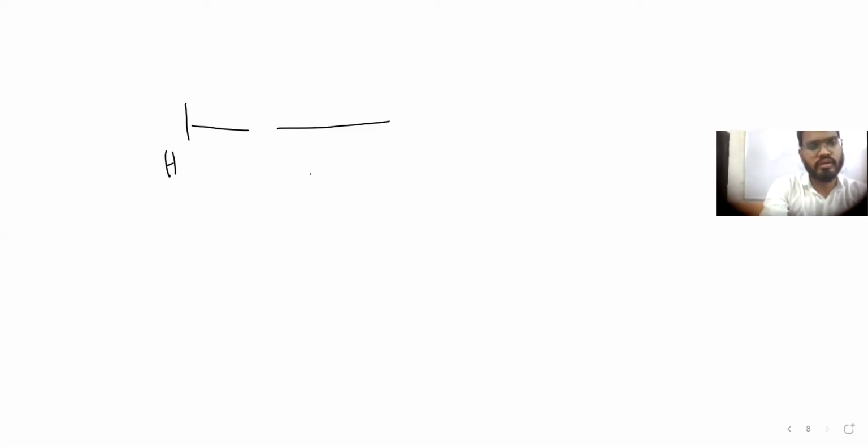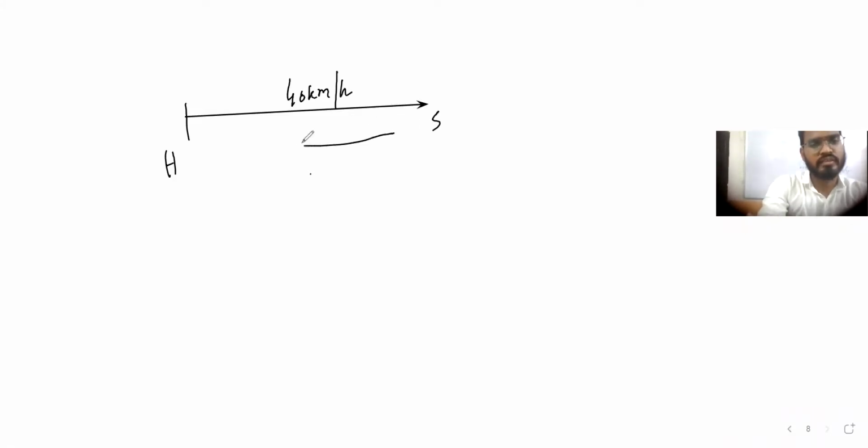Suppose you are going from home to your school with a speed of 40 kilometer per hour, and you are coming back with 30 kilometer per hour. An object is running in a straight path.